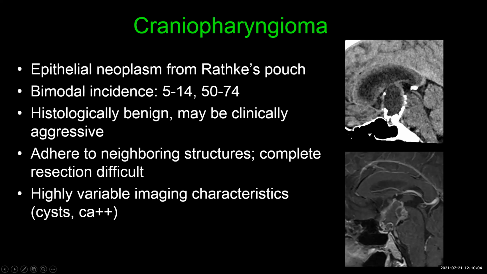It's a neoplasm. It is histologically a benign tumor. However, it can be very locally aggressive and cause a lot of morbidity because it does have a tendency to invade and be adherent to these adjacent structures. So complete resection may be very difficult. Recurrence can be very common.